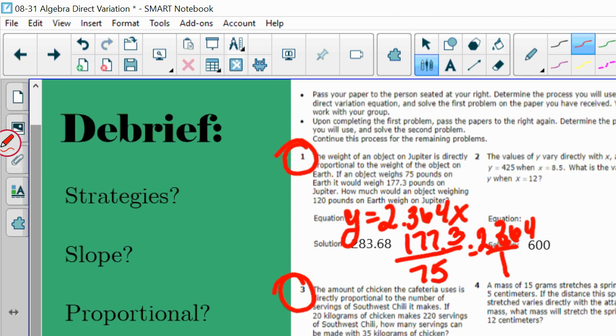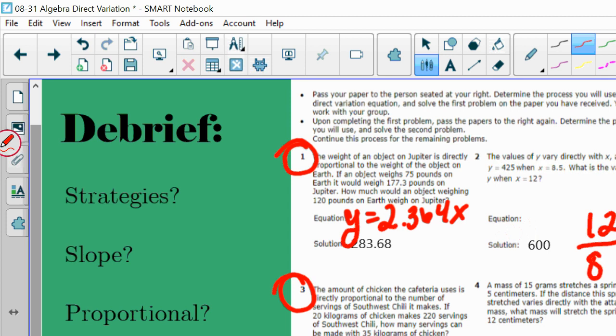Okay, all right, so now those who had this one, it was a little bit different. Go ahead. So now I did 12 divided by 8.5. So this time you took your y and divided by your x. What does that look familiar to? Oh, rise over run. Okay, so if we don't have change in y, change in x, we have y over x. Go ahead.